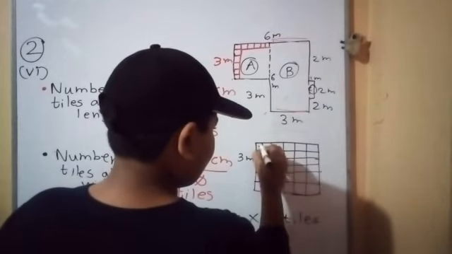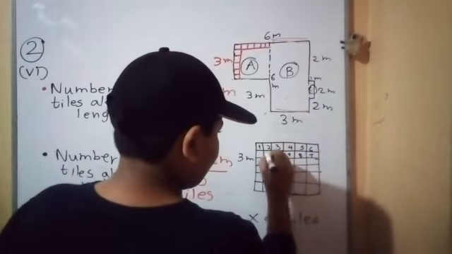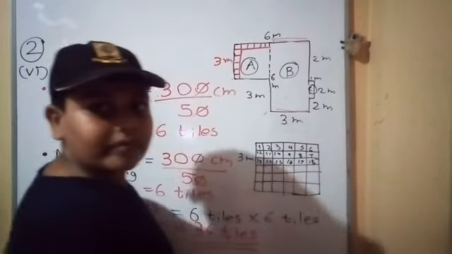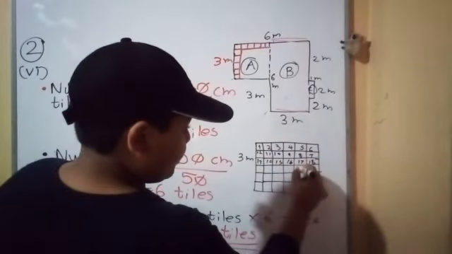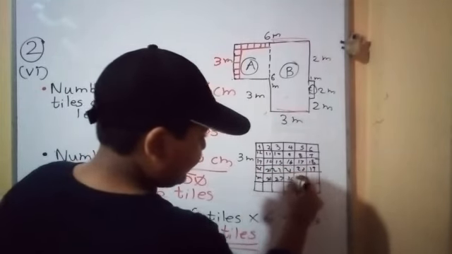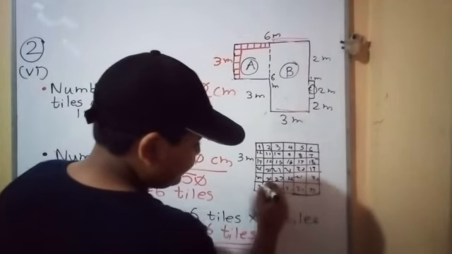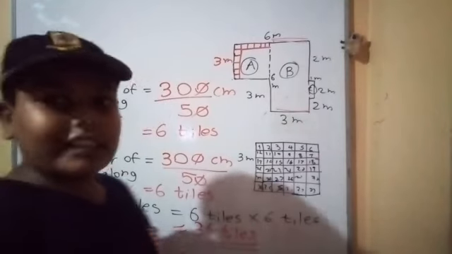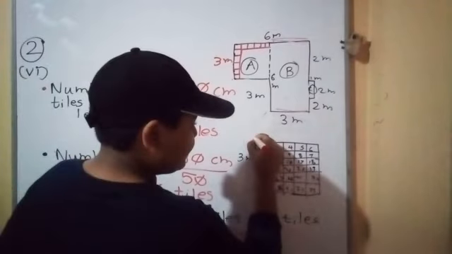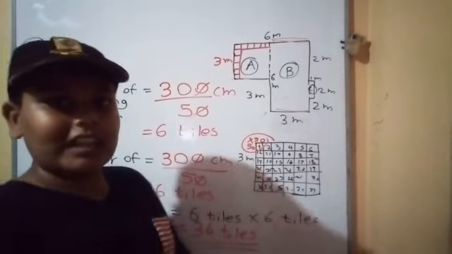Now you can count 1, 2, 3, 4, 5, 6, 7, and so on up to 36. Like that you can count. Right? Now this is the 50 multiply 50. So like that.